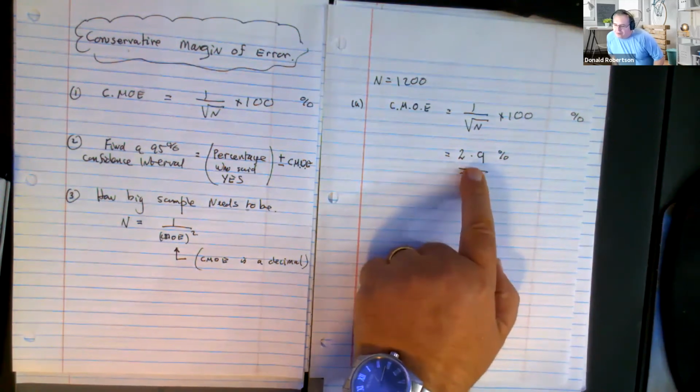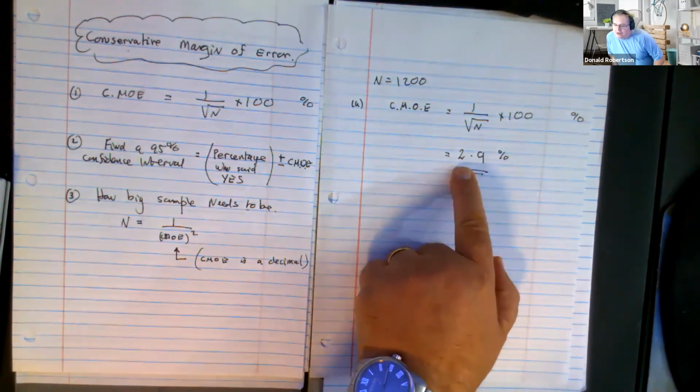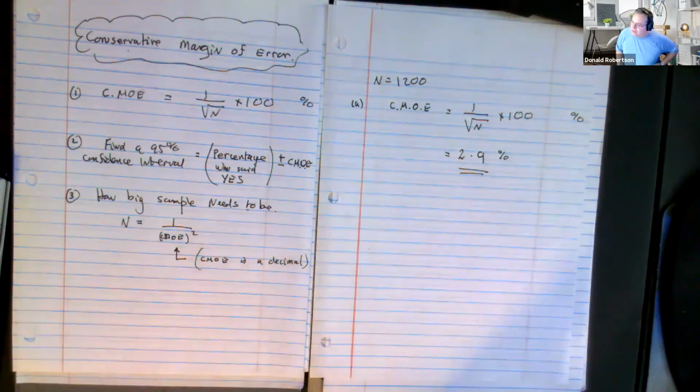Now, what this number is an indication of is how accurate your estimate is going to be. See, if I said to you, I conducted a survey and 20% of people in my sample said they'd been to Scotland, you'd say, okay, 1 in 5 Americans have been to Scotland. But I really don't know whether that's a very accurate estimate or a horrible estimate.